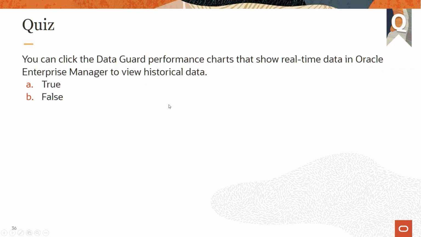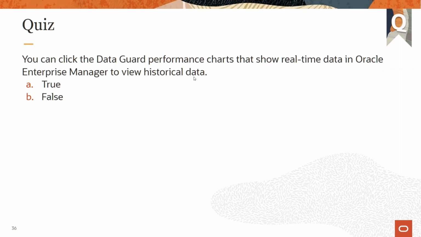So here's a quiz. You can click the Data Guard performance chart that shows real-time data in Oracle Enterprise Manager to view historical data. Actually, this question is not really clear. Yes, in the Data Guard performance page, we have a view data option to define the window. Real time shows the last 1 hour worth of statistics information.